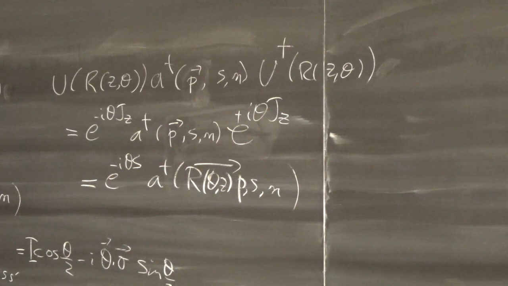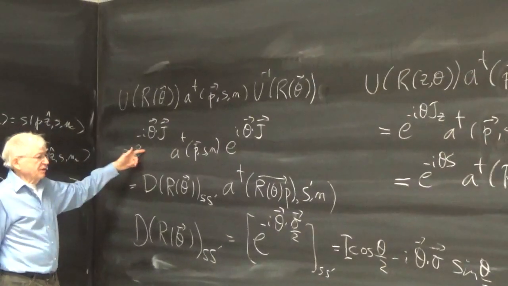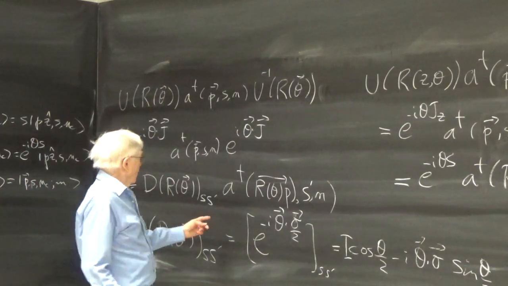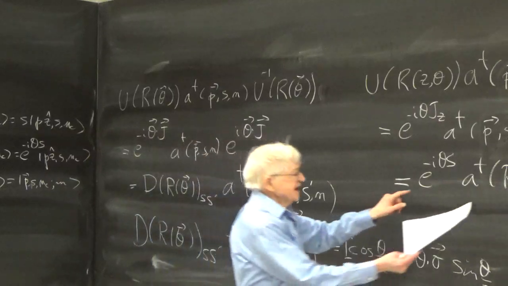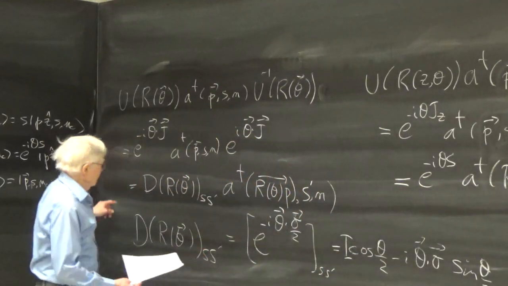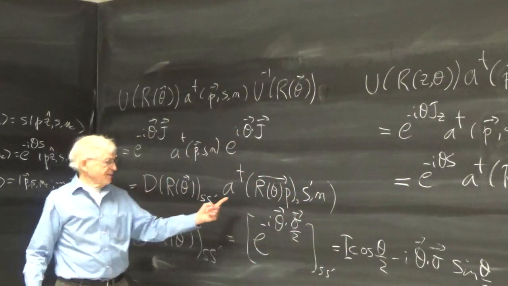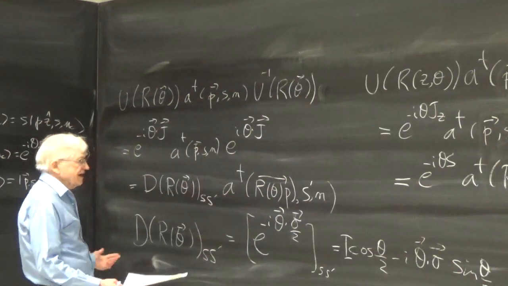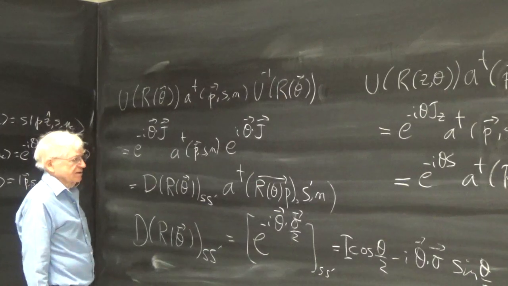Or to put it differently, let's look back at this equation. This says how things work for a general rotation. So for a general rotation, what happens is that instead of this, what you have is this 2 by 2 matrix multiplying this. But in the case of the z rotation, it's diagonal.